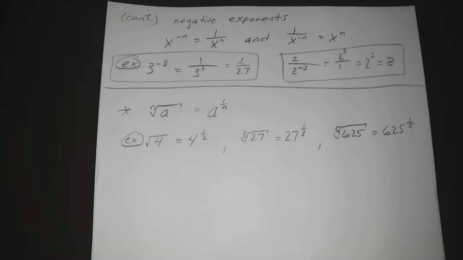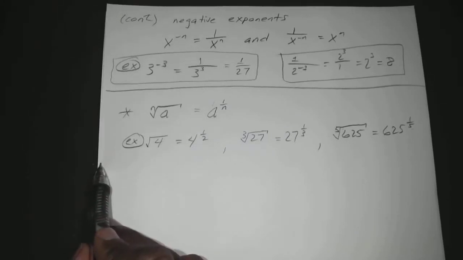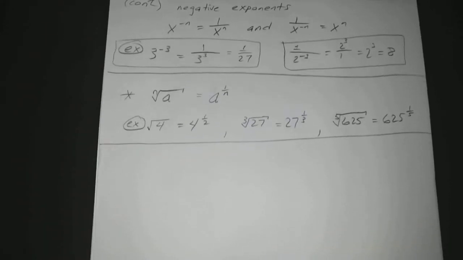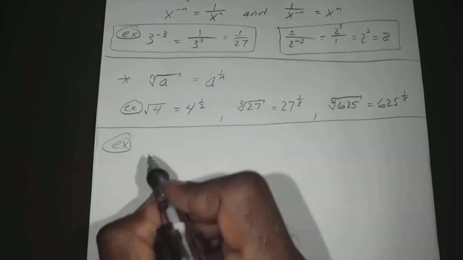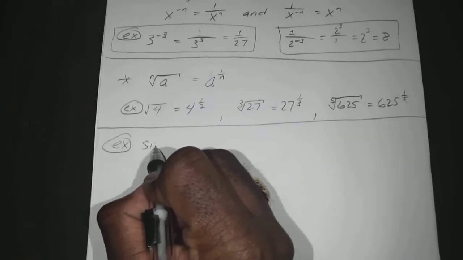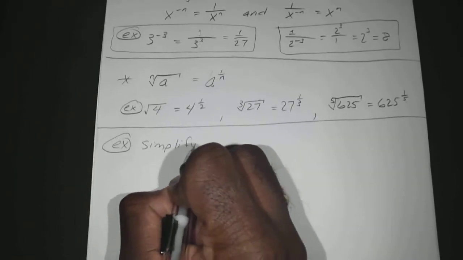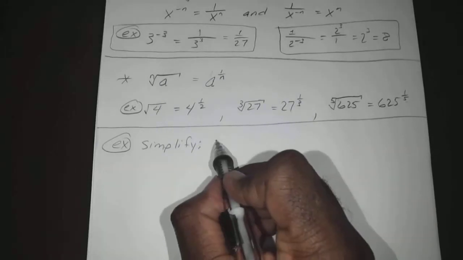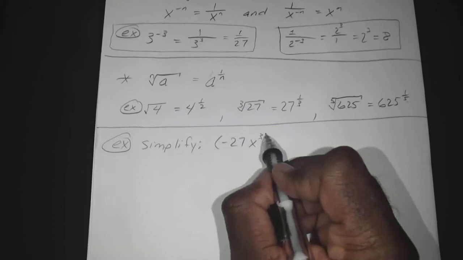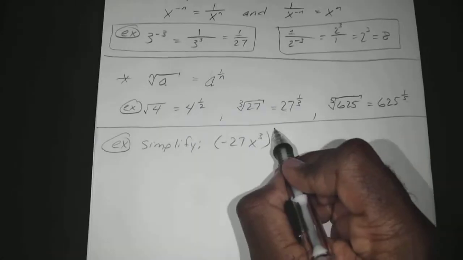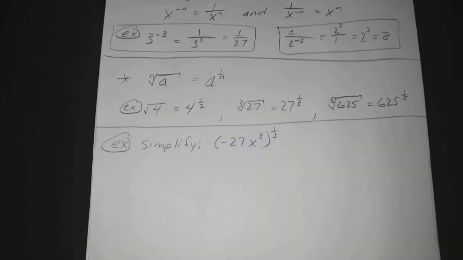Okay, so we're going to use this, along with all of those exponent rules, to solve. Well, not really solve, more of simplify. Say negative 27 x to the 3rd power, and we'll raise that to the 1/3 power.